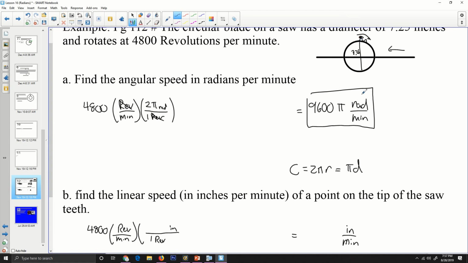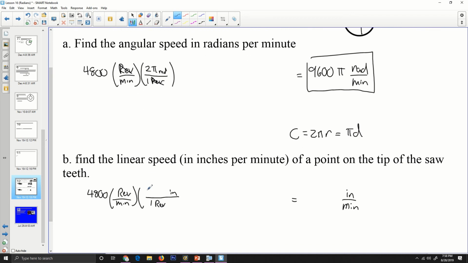The diameter is twice the radius, so we don't have to mess with that number. We can just say for every 1 revolution, there is pi d inches.